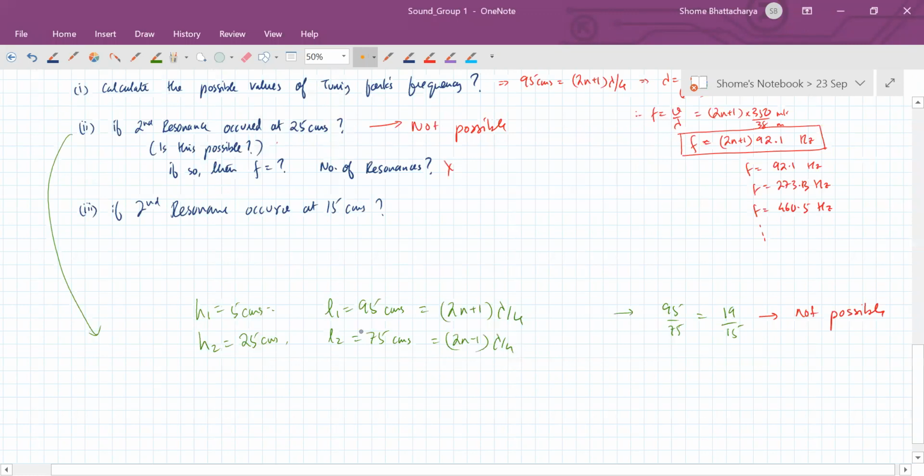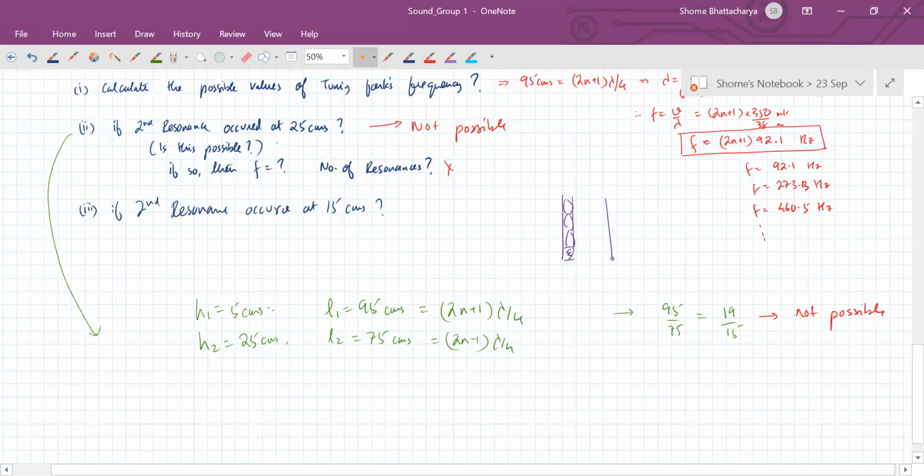Just the fact that the distance between h1 and h2 is lambda by 4 is not enough, because it has to fit that lambda by 4 profile, but it also has to fit that the effective length that is remaining has to be the consecutive next odd numbers of this thing. You understanding now? Because the idea is that if the first resonance is occurring here, this has to fit a certain number of half wavelengths.